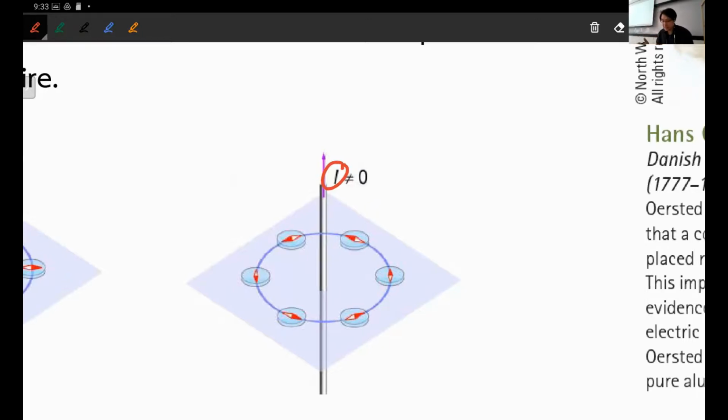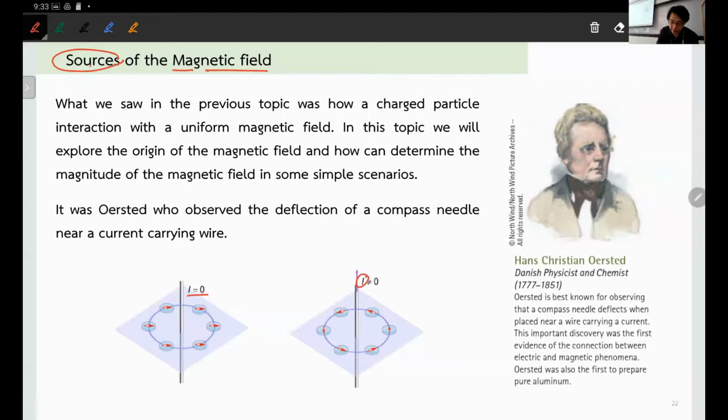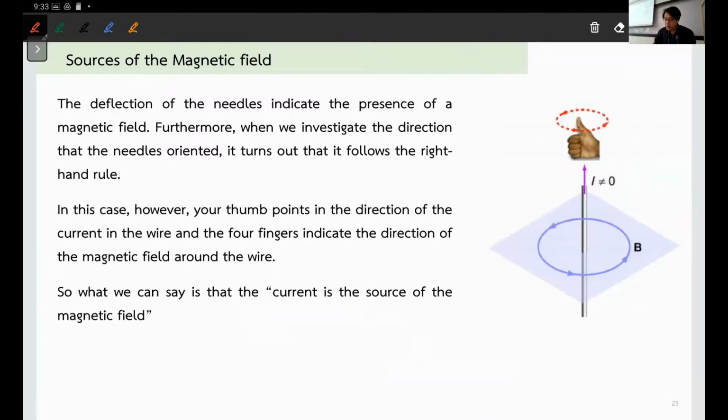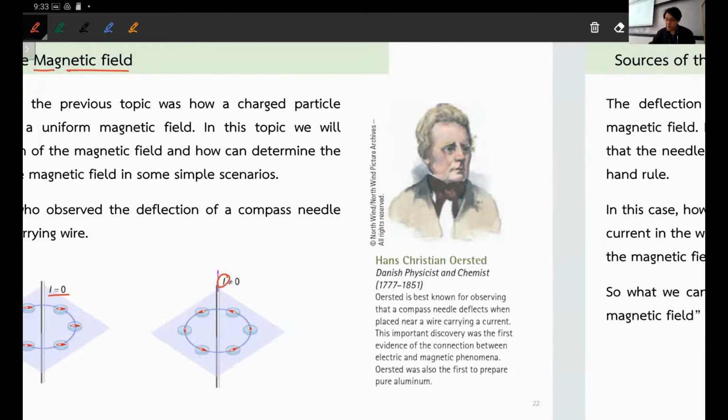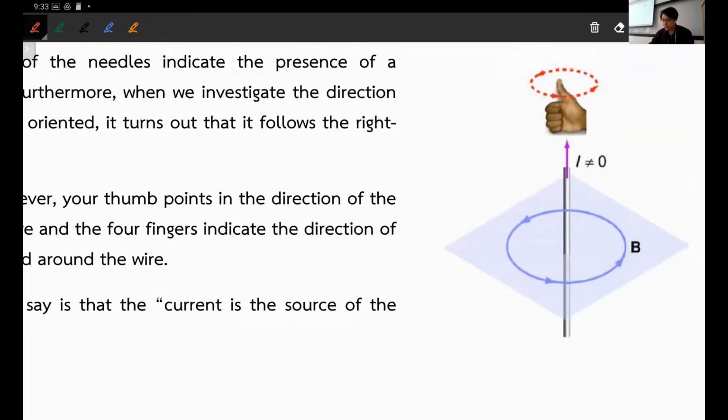So that's the hint that the source of the magnetic field is the motion of the charge, or we can say it's a current. And that's what this is about. Now, from this observation, the direction of the magnetic field seems to come in a loop, so you will be facing another right-hand rule. Every time you have a current carrying wire, your thumb represents the current, and your forefinger represents the magnetic field looping around.